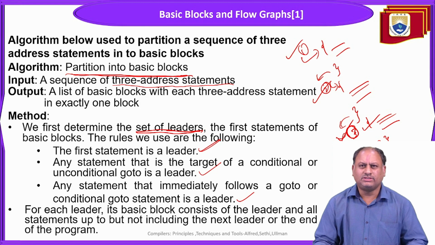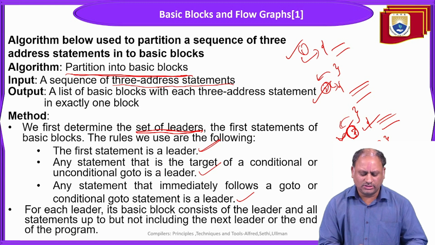Here the set of leaders has to be identified. The leaders are used for identifying the basic blocks. So the first statement, the foremost statement in the list of statements, is to be considered a leader.